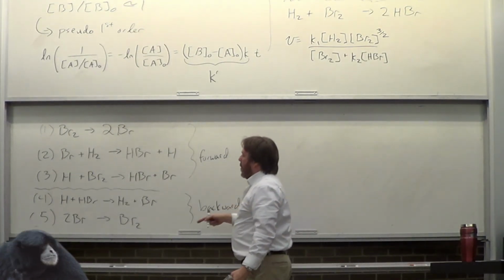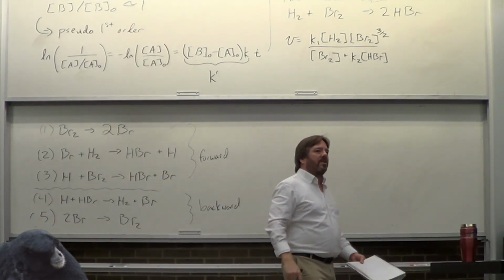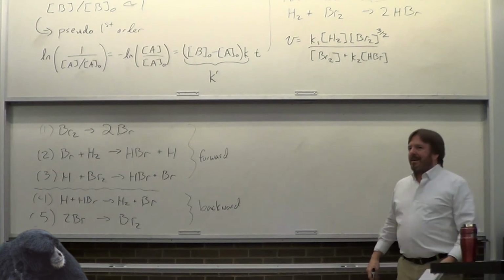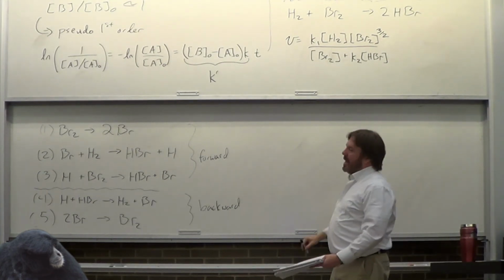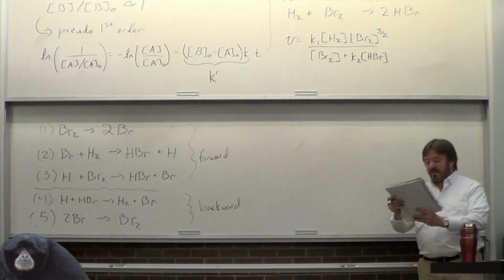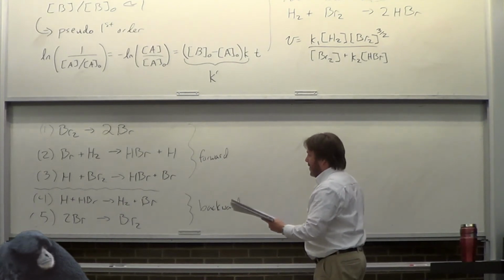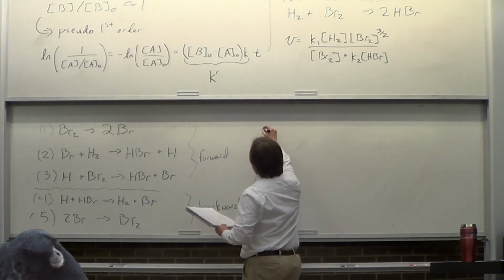Okay, now if you know how to set up all the differential equations, you can figure out that rate mechanism. Now let me give you a taste of this. We're not going to actually do this. Again, I did this actually in grad school. In grad school, we did not do this. Okay, step 1.